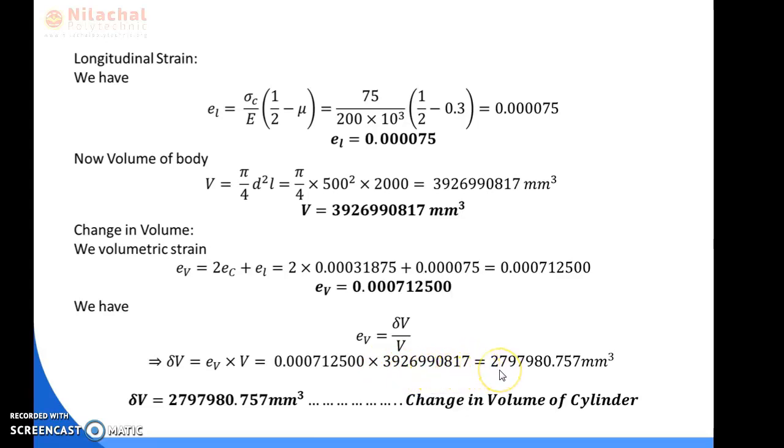Calculating, we have 2797980.757 mm cube. So ΔV or change in volume according to our question is obtained as 2797980.757 mm cube.